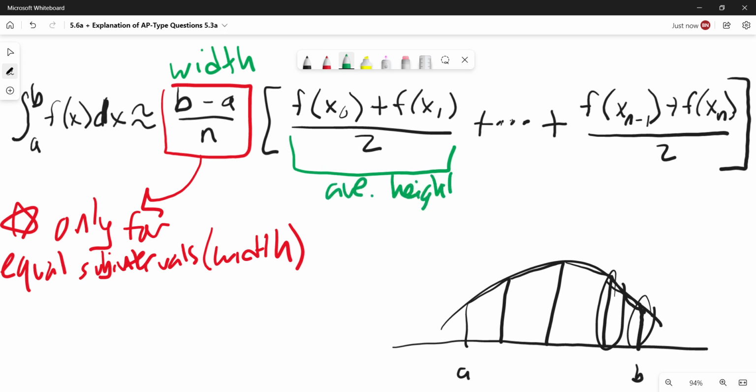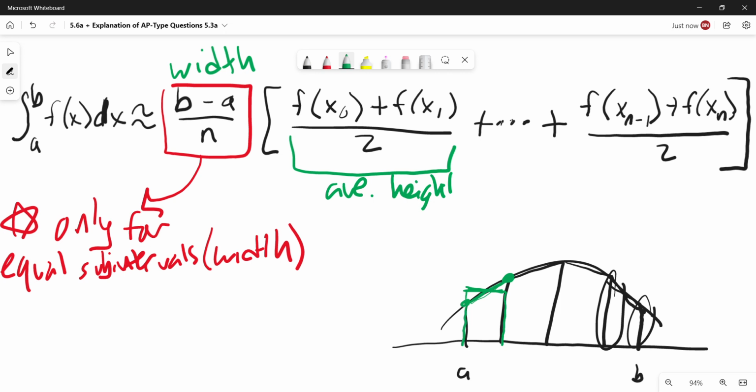Another way you can think of it is, since this is a straight line here, if you take the average between that top y value and that bottom y value, it's almost like you could think of them as rectangles averaged. Now, don't mistake those for, hopefully we already talked about this, midpoint Riemann sums.